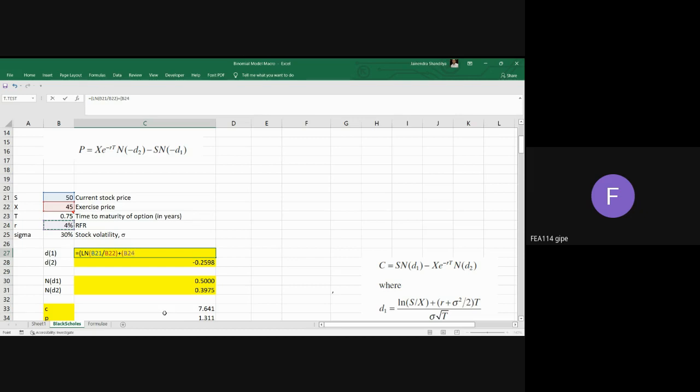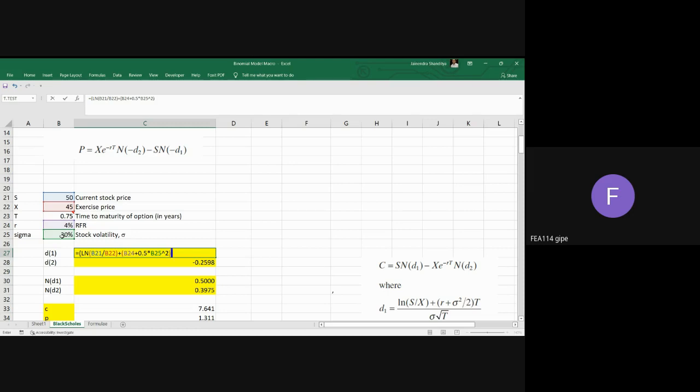Anyway, so I enter the interest rate, and as I told you, I will use 0.5 times volatility raised to power 2. So this volatility square I have done.